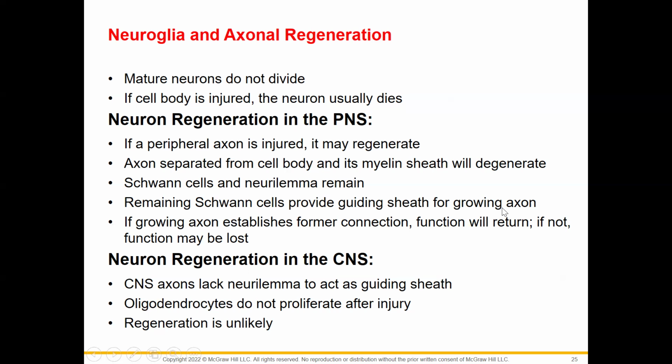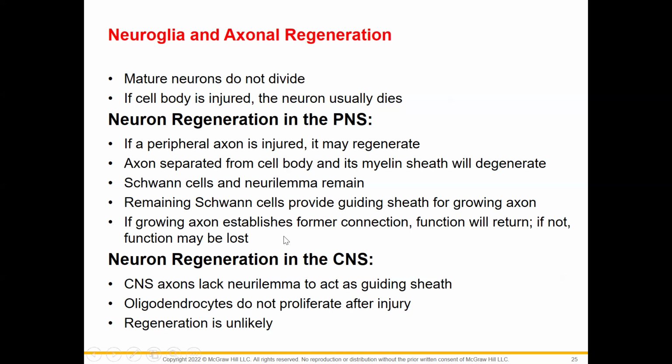So as that axon starts to regenerate itself, starts to regrow, those Schwann cells that are still in place can then continue to guide that axon to where it needs to go. It can continue to follow the path of its predecessor, the previous axon.